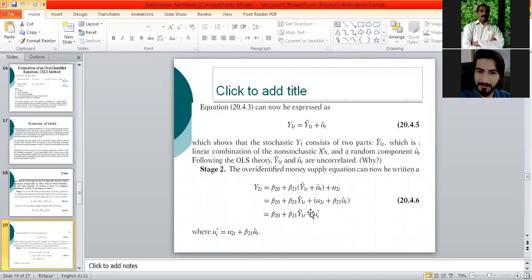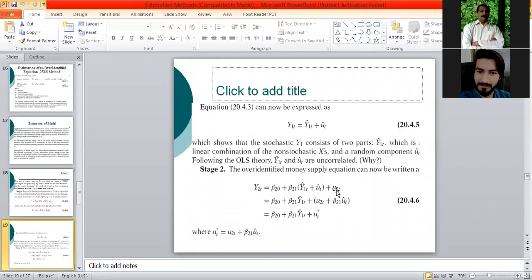So now we have this equation: Y2 equals beta 20 plus beta 21 Y1 hat plus the error term. Now this Y1 hat is the proxy variable for Y1 because it is very close to Y1, but it is free from the influence of the error term. Since it is free from the influence of the error term, it is not likely to be correlated with the error term.